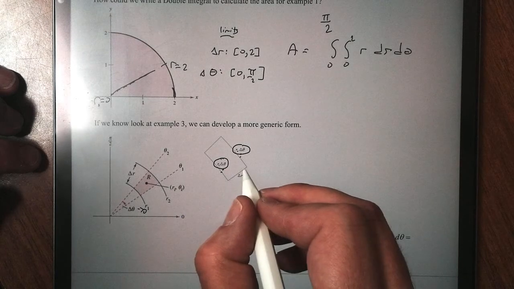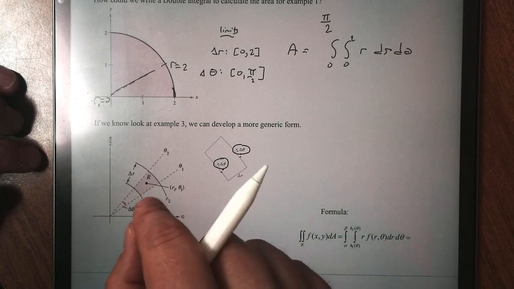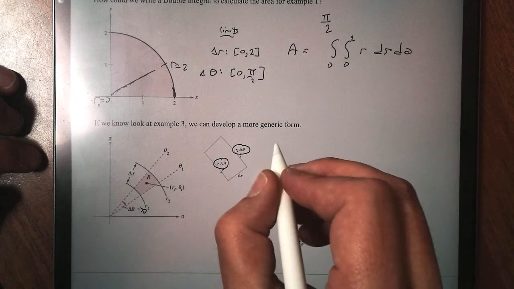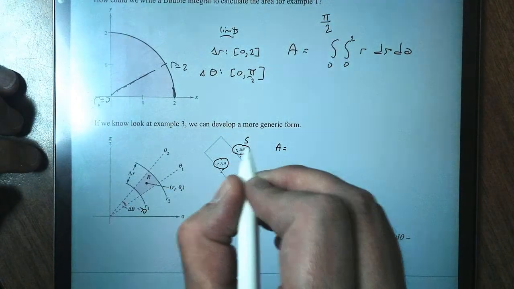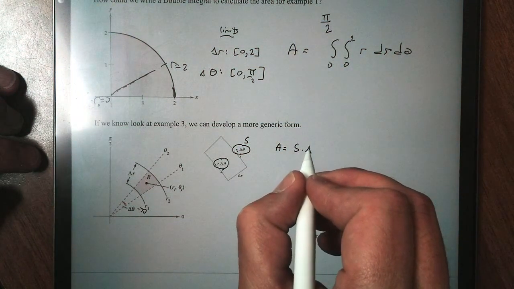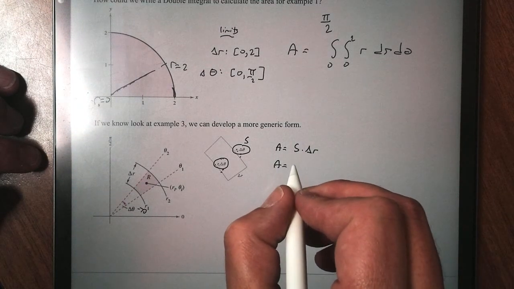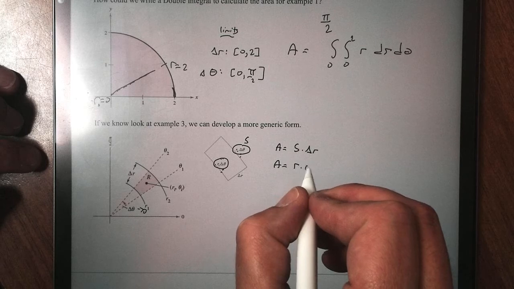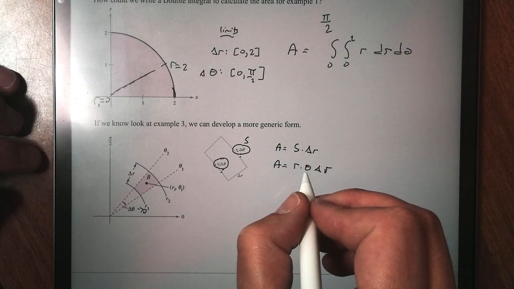My change in r, that's just my length, and that's a change in r there. Those become the same. So we would get an area of a rectangle of my arc length S times delta r. Well, what is S equal to? Again, it is my r delta theta, times delta r there.